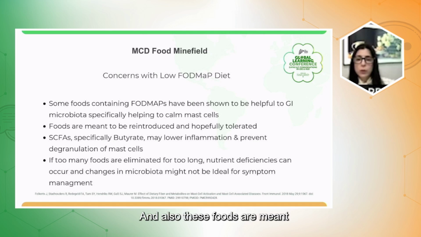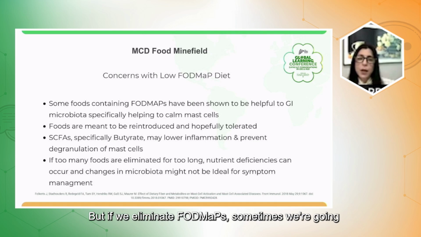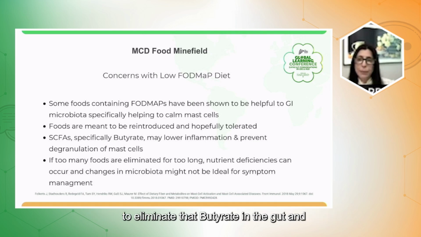And also, these foods are meant to be reintroduced and hopefully tolerated. Short-chain fatty acids, which are important in the gut, may lower inflammation and prevent degranulation of mast cells, particularly butyrate. But if we eliminate FODMAPs, sometimes we're going to eliminate that butyrate in the gut, and we don't want to do that always.